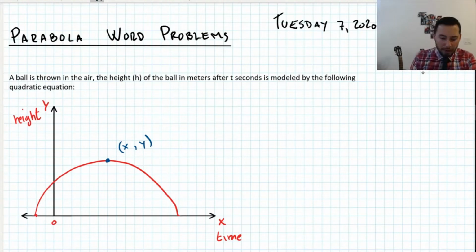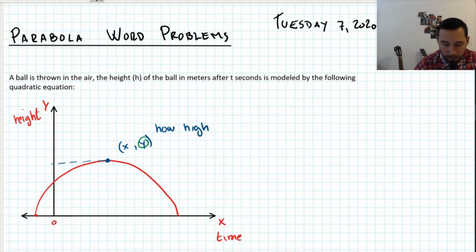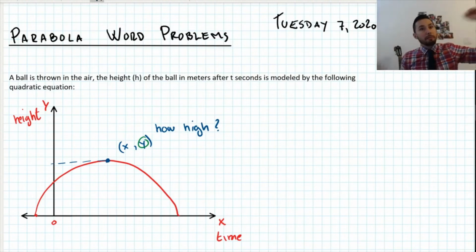Well, for me to know how high it went, I'm looking at my y-axis right here. So I'm only looking at the y of the vertex. So that point there is going to tell me my maximum. So this will always answer the question, well, how high did it go? Maybe what is the maximum, or what is the peak?